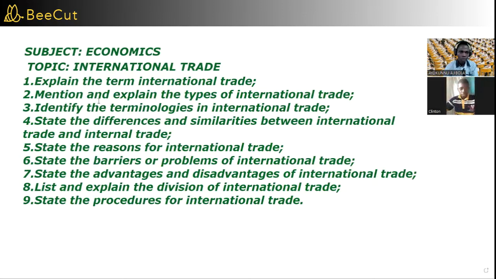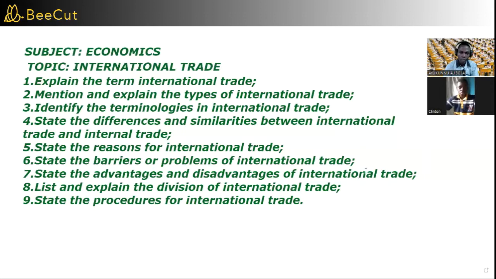Then you should be able to mention and explain types of international trade. Also, to identify the terminologies used in international trade. Then to state the differences and similarities between international trade and internal trade. And to state the reasons for international trade, the barriers or problems of international trade, as well as the advantages and disadvantages.